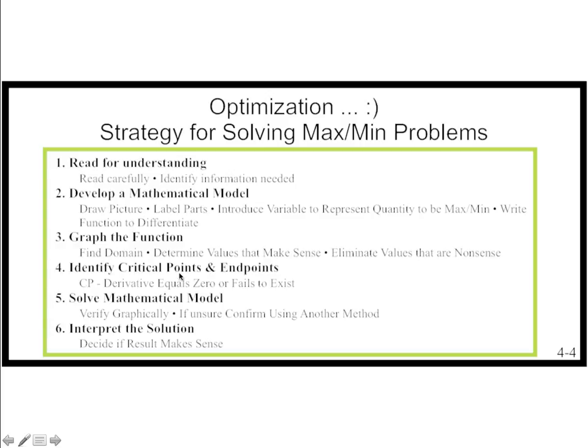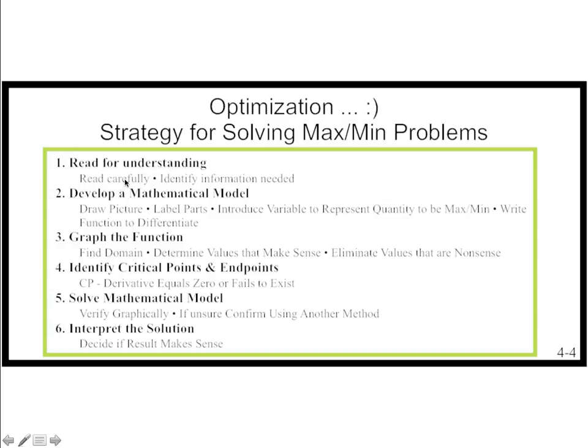When we want to find maxes and mins, we call that process optimization. It's a strategy for solving for maxes and mins. Here's a quick outline of how we go about doing that. We want to read the question for understanding.